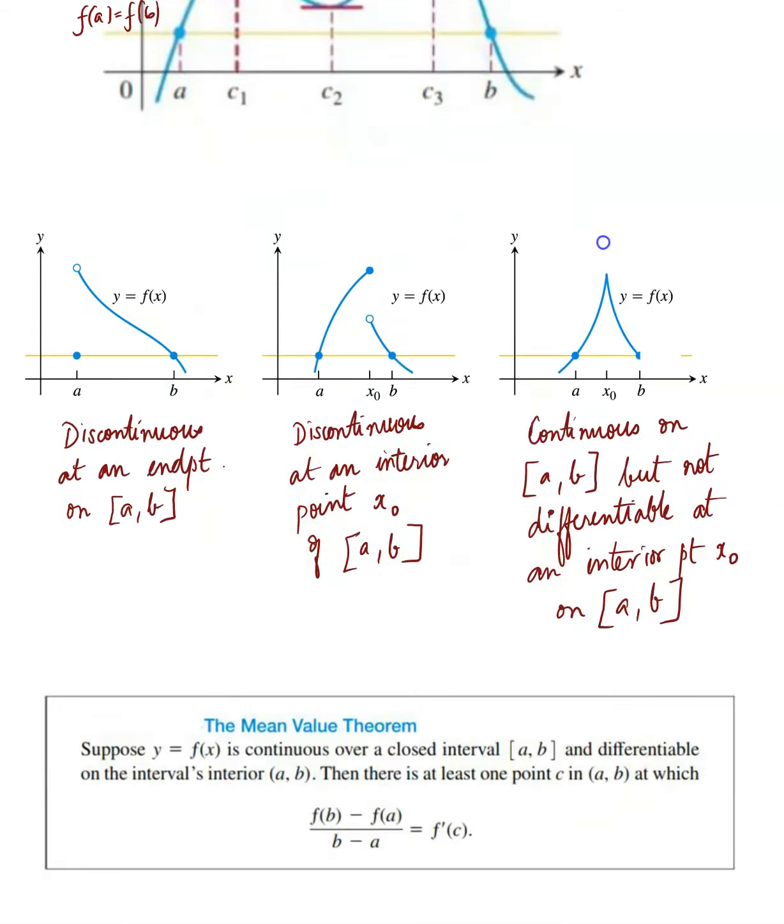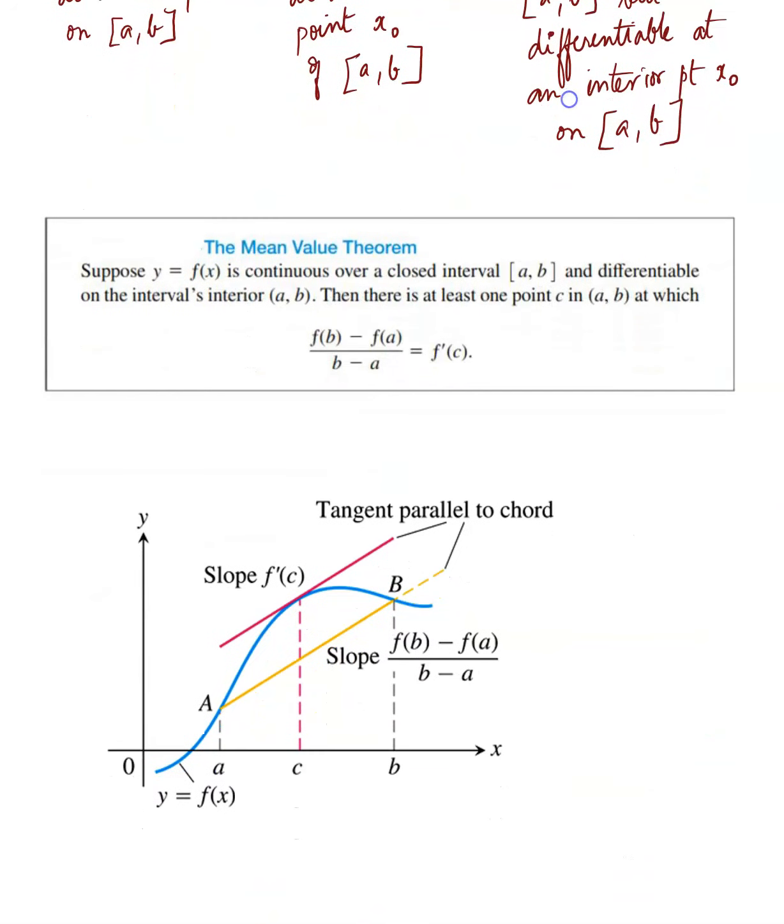So the mean value theorem says, suppose y equals f of x is continuous over a closed interval AB and differentiable on the interval's interior, then there is at least one point C at which the slope of the secant line is the same as the derivative at that point. That's basically what they're saying.